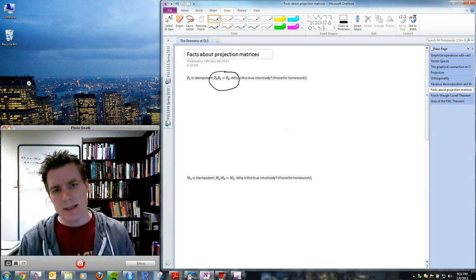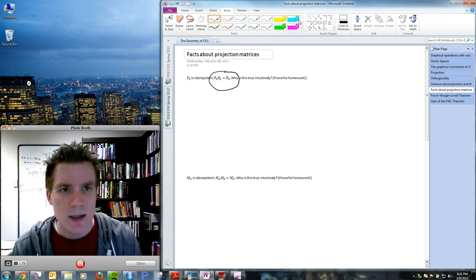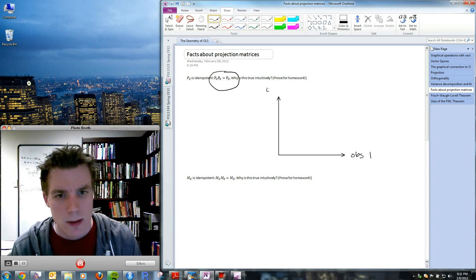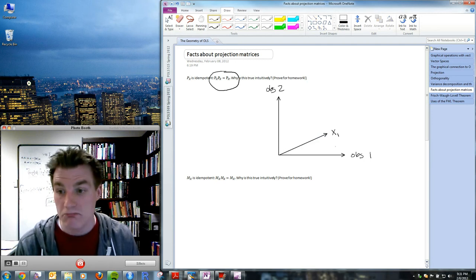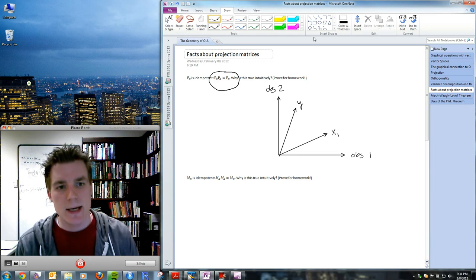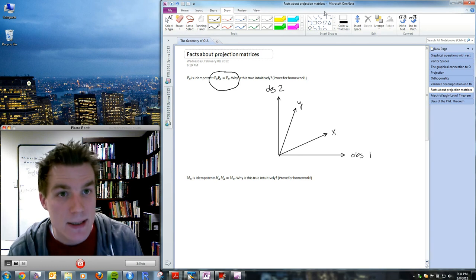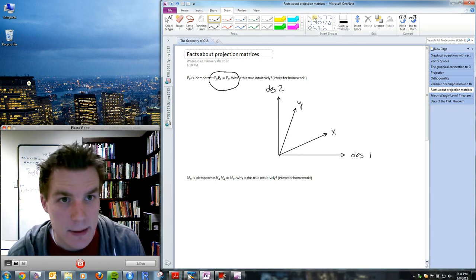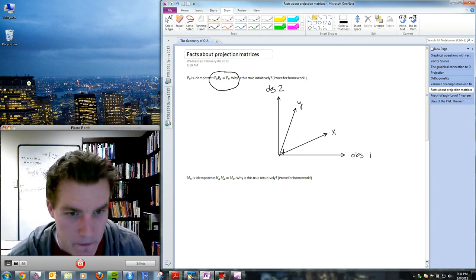Why is this true intuitively? Well, let's think about this for a second. Here is a little diagram, observation 1, observation 2, and here is some variable x, and here is some variable y. And if I were going to project y onto x, I would get something like this.